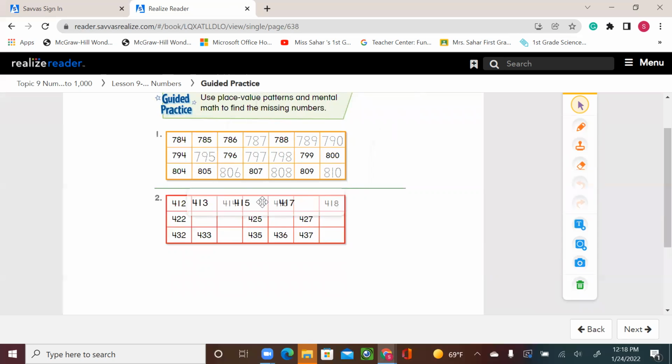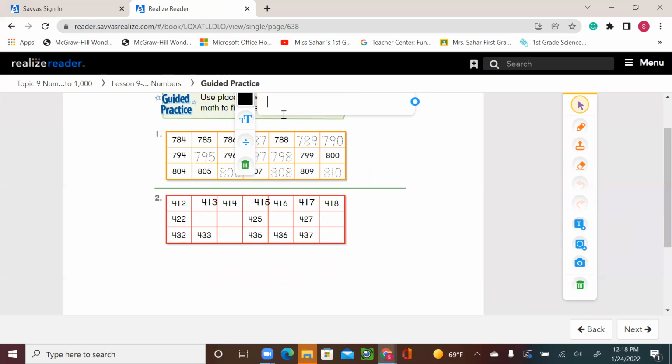Okay. So as you see, 412. So my ones digit 2 increased by 1, 3, 1 more 4, 1 more 5, 1 more 6, 1 more 7, 1 more 8. Right? Let's go for the second column, second row.